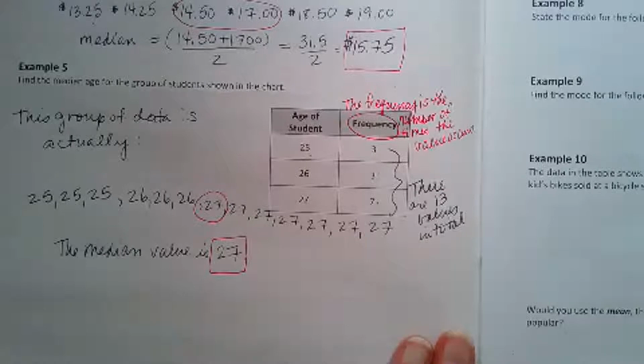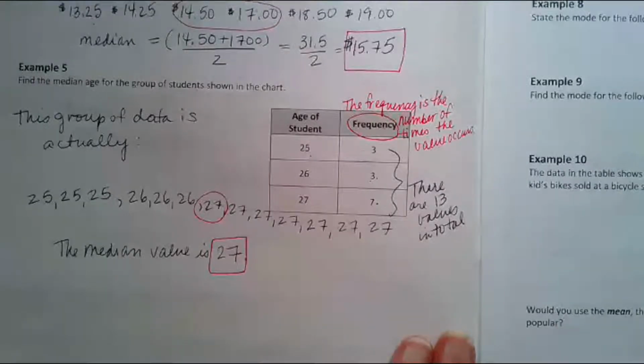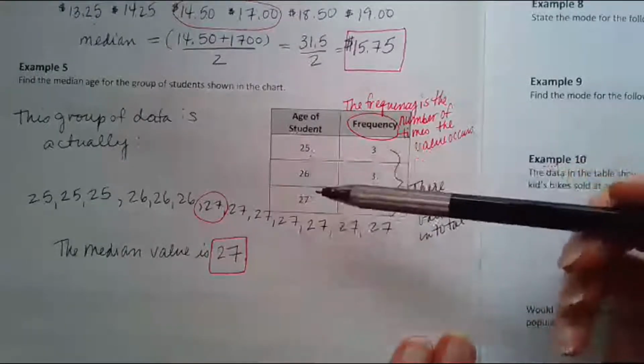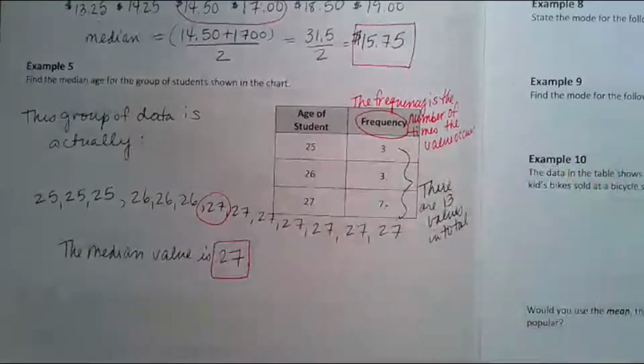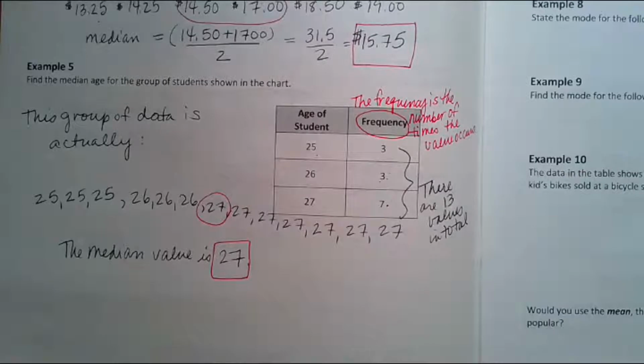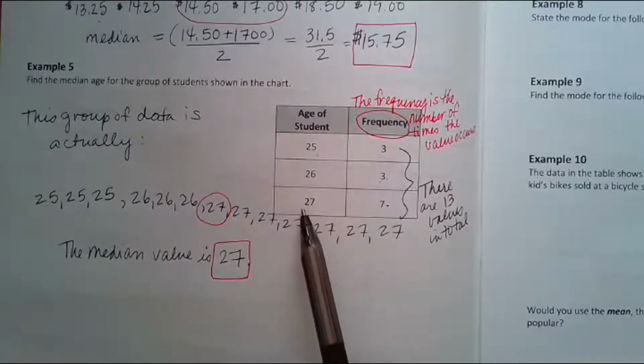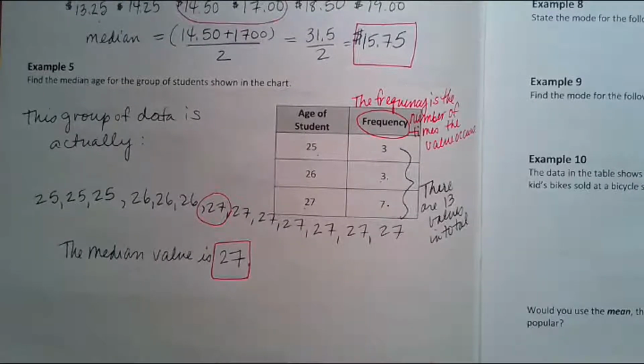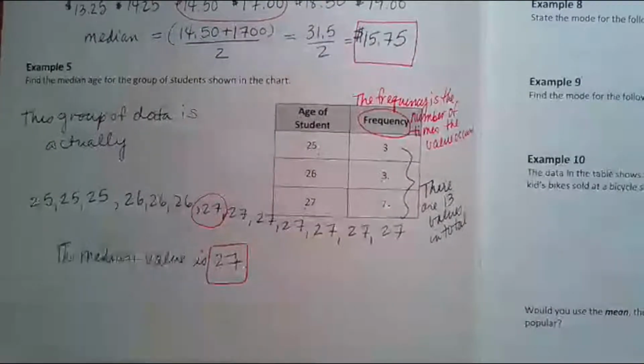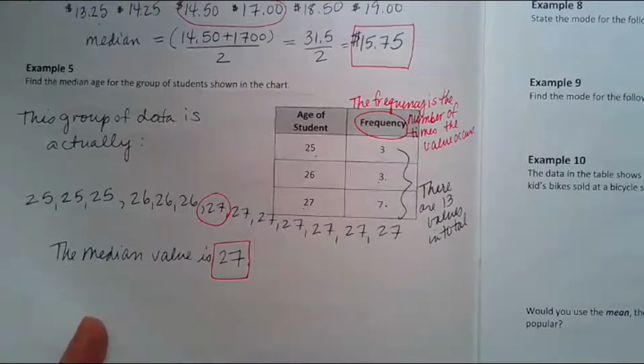If this was the age of all Canadians and we were tracking the ages of all Canadians, you wouldn't write 27 5 million times. You would probably have the category 27 like it is here, and you'd have 5 million in frequency. It's just an easier way to present and understand the data. Okay, so that's the median.